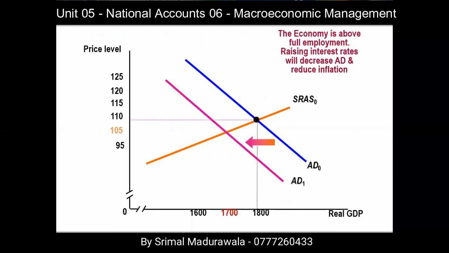When the money supply decreases, people's demand will come down. So the aggregate demand will shift leftwards, and as a result, you find the output level coming down from 1,800 to 1,700. And also the price levels are the target here. Price levels will be controlled. Did you understand that?